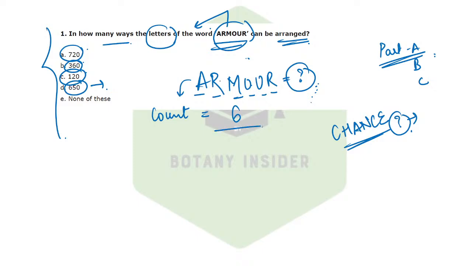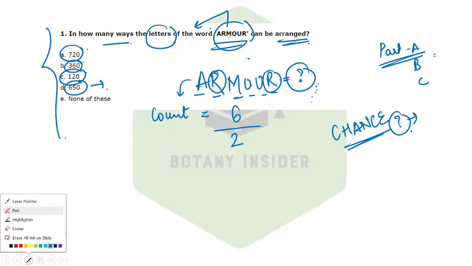You have to divide it by the counts of any alphabet that is getting repeated. R is getting repeated twice, so write down 2 factorial in the denominator. Now there is one additional step.